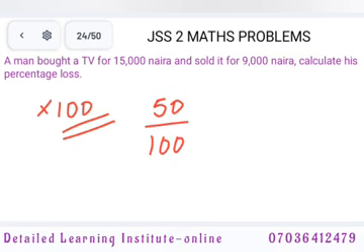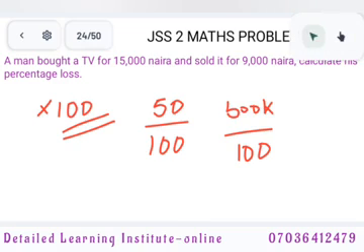When we talk about percentage, it means that whatever we are talking about, let's talk about it over 100. Do you understand? Whenever we use the word percentage, we are simply saying anything that we are talking about, let's talk about it over 100. That's the correct meaning for percentage, right?